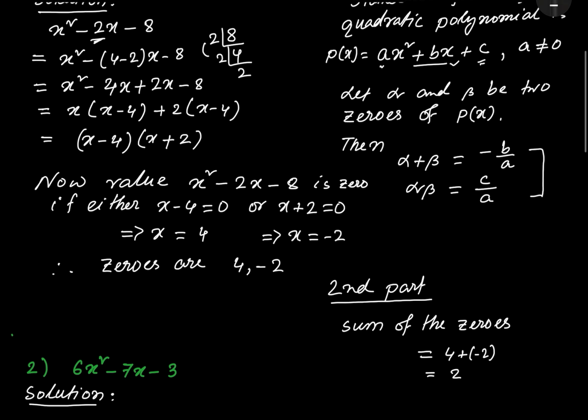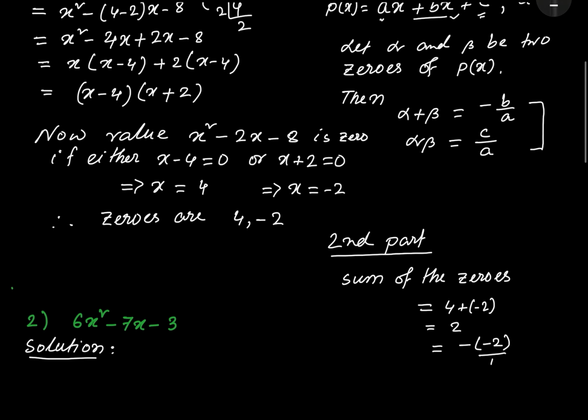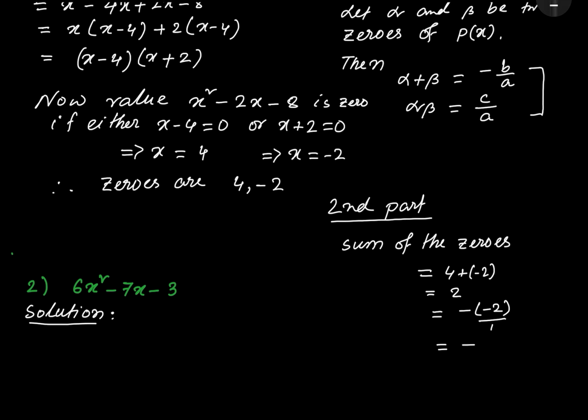That means 2 I can write minus of minus 2 by 1. So here 1 is the coefficient of x square and minus 2 is the coefficient of x. So this is minus coefficient of x divided by coefficient of x square.